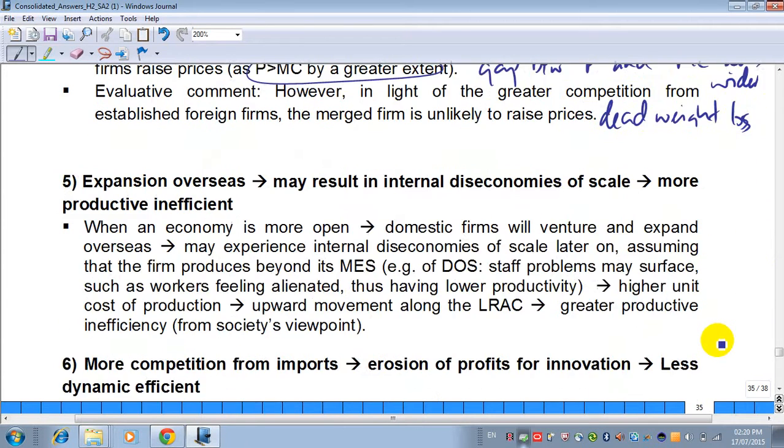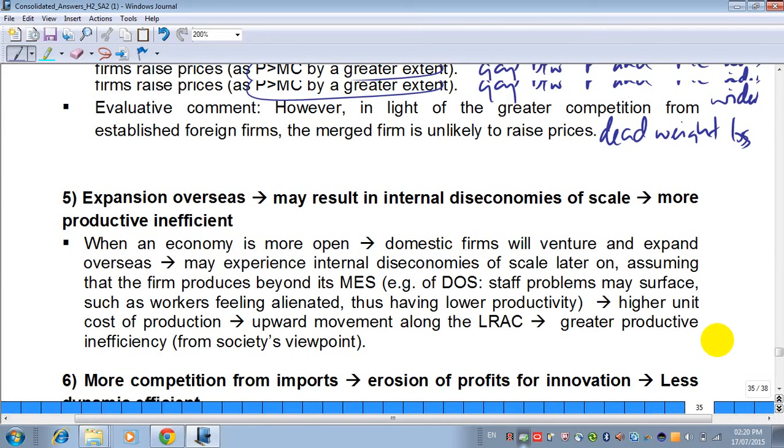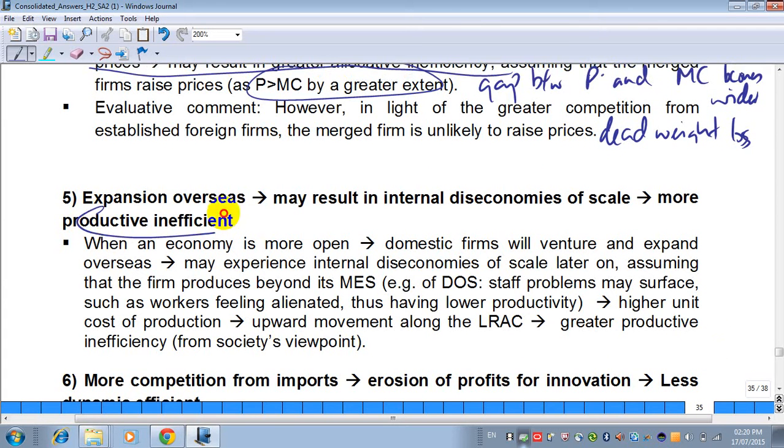It's kind of similar. Now, another one would be that of productive efficiency. Productive efficiency is mainly about how you are producing. You want to produce at the lowest average cost. And with expansion, boys and girls, think about it. With openness to trade, if you're able to sell more exports, it means that the firm needs to produce more.